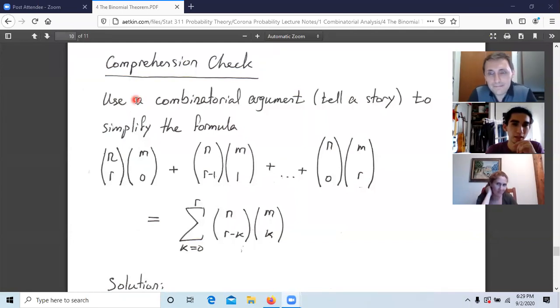Could it be the combination of how many students could possibly come to a class? How many students from two groups are coming to class? Something like that. Well, that's very good thinking, Shotaro.